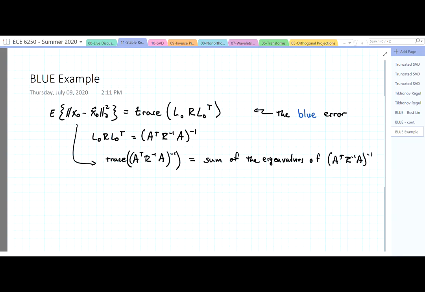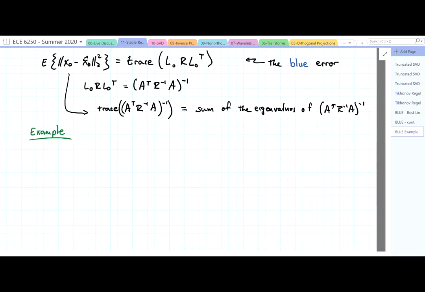On to our example. Let's do this. So let's assume we have y is equal to A x naught plus e, where A is just equal to [1, 1], y is equal to [0, 5], and R is equal to [3, -1; -1, 2].